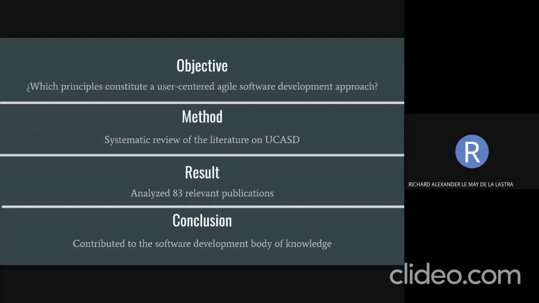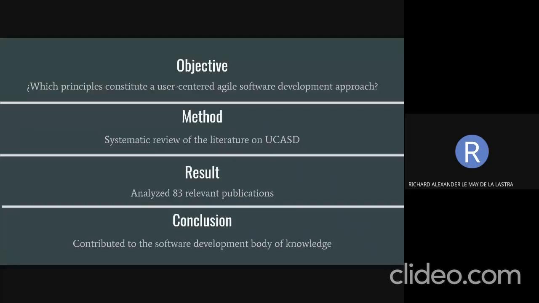The method of this paper was a systematic review of the literature of UCASD, and the identified works were analyzed using a coding scheme that differentiates four levels of UCASD: the process, the practices, the people or social, and the technology dimensions.